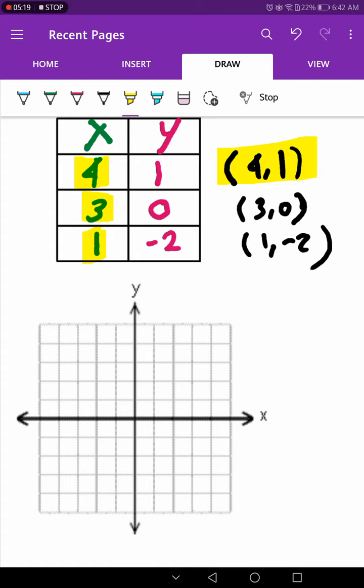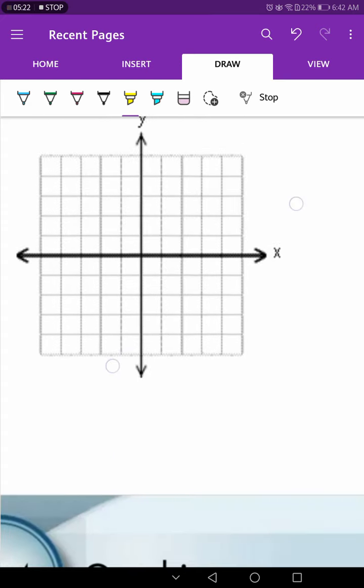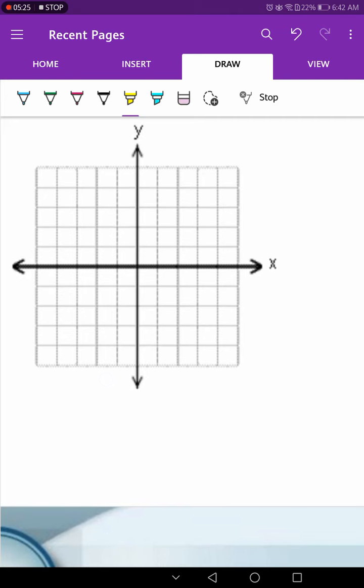He asks you to move 4 to the right, 1 up. Every time, my dear student, you start from the origin, by the way. 1, 2, 3, 4 to the right, 1 up. So you will be here. The map leads you to this point. This is 4 and 1.